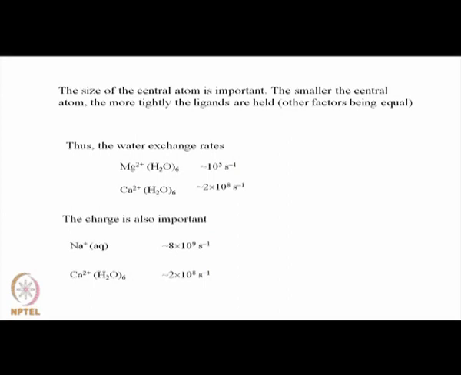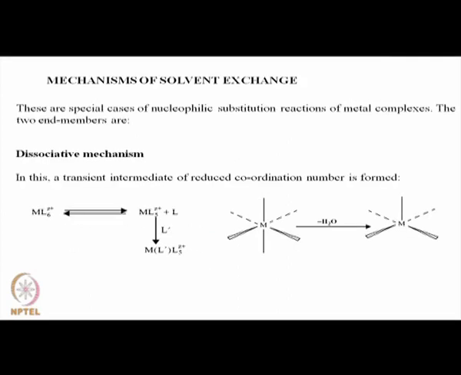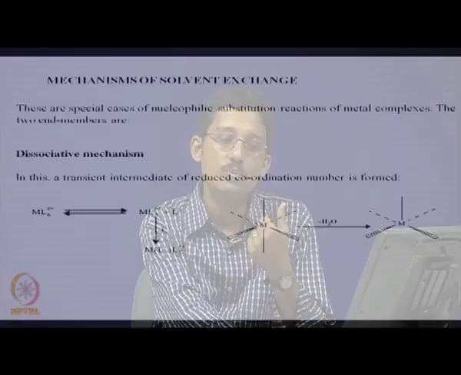And how this is changing, the factors like charge and also the size are important, and mechanisms could be dissociative or associative, and that can be well judged with thermodynamic parameters like these activation parameters.